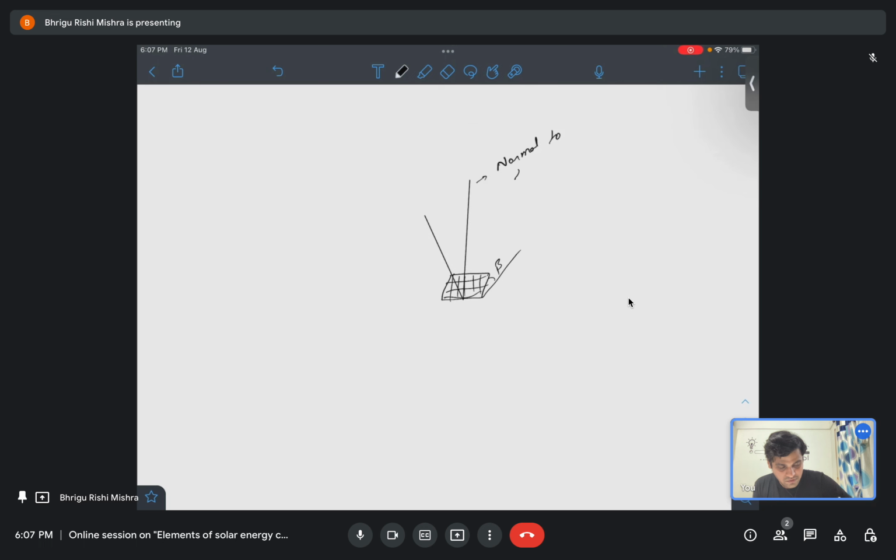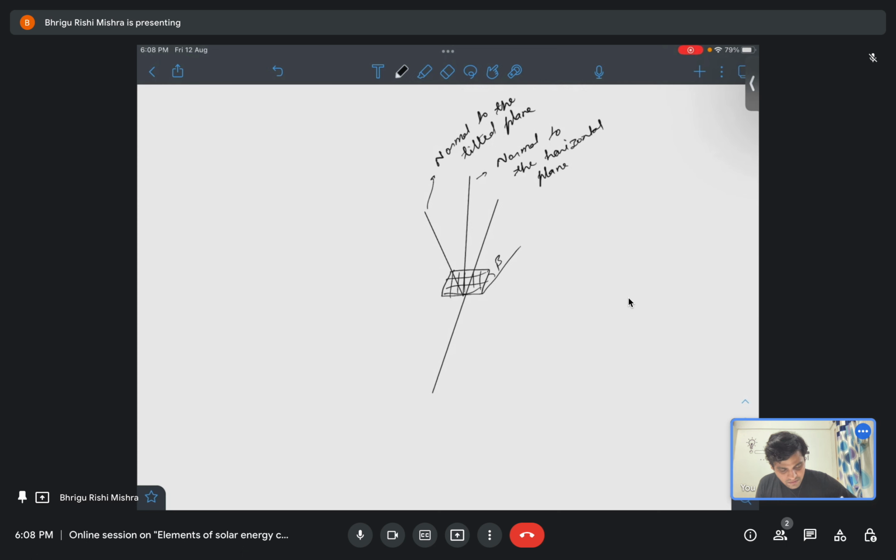So this is the normal to the horizontal plane, and this is the normal to the tilted plane. And if I depict the directions, say this is north, south, here it is east, and it is west.